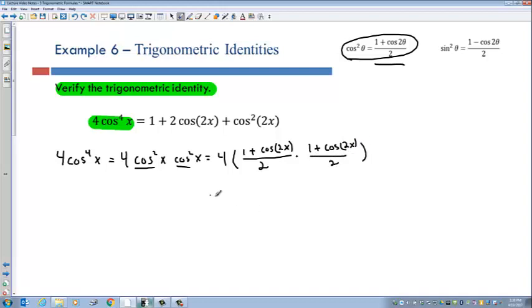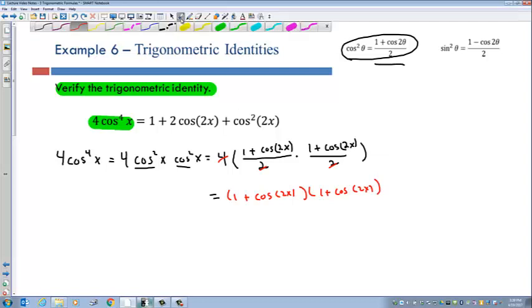And so what's going to happen here is that 2 times 2 is a 4, so they're going to cancel with that 4. So this 4 is going to cancel with those 2 times 2. And I'm going to be left with this. I have 1 plus cosine of 2x times another 1 plus cosine of 2x. And so you can FOIL this out, or if you want, you can just use those arrows, right?